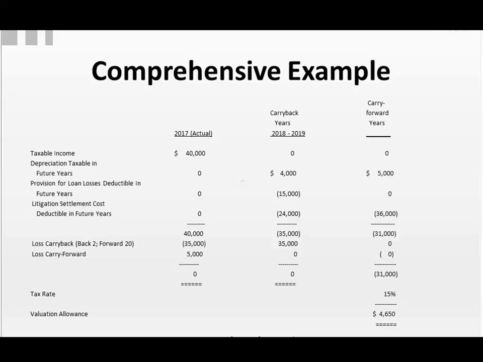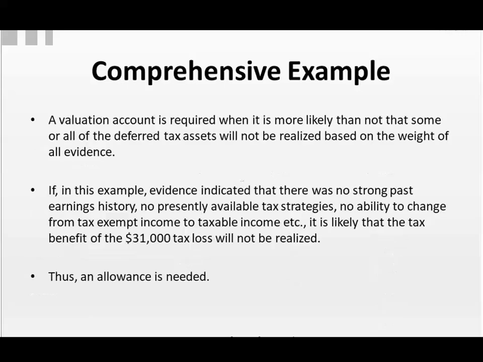Hope you're with me. Go to your next slide. The valuation allowance is required, again, when it's more likely than not that some or all of the deferred tax asset will not be realized based on the weight of all the evidence. So in this little example here, the evidence indicated that there were no strong past earnings histories, there are no presently available tax strategies, there's no ability to change from tax-exempt income to taxable income, and it is likely that the tax benefit of the $31,000 tax losses will not be realized.